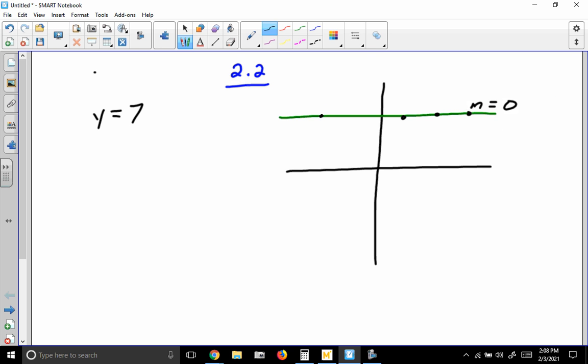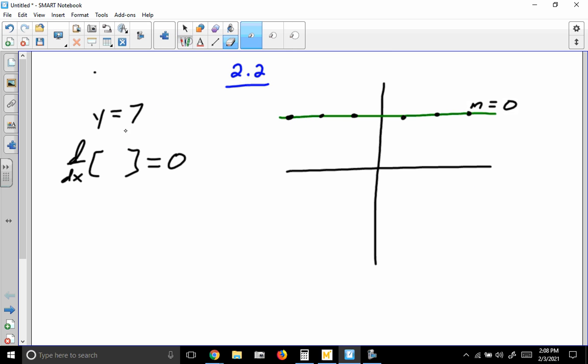If we pick a point here, the slope is 0. If we pick a point here, the slope is 0. Here, the slope is 0. So when we take the derivative of not just 7, but any constant, the derivative of any constant is 0. I think this book uses c for a constant instead of k, but either way, the derivative of a constant is 0.